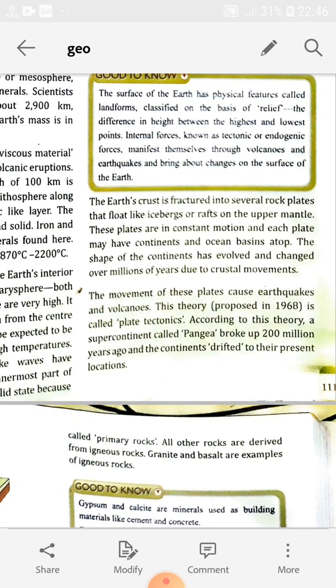What is plate tectonics? Plate tectonics is a theory proposed in 1968, and according to this theory there was a supercontinent called Pangaea that broke up 200 million years ago, and the continents drifted to their present location. That means all the continents were attached to each other, and then they broke up. The movement of these plates caused earthquakes and volcanoes, due to which Pangaea broke up, and the continents drifted to their present location and gained their shape.